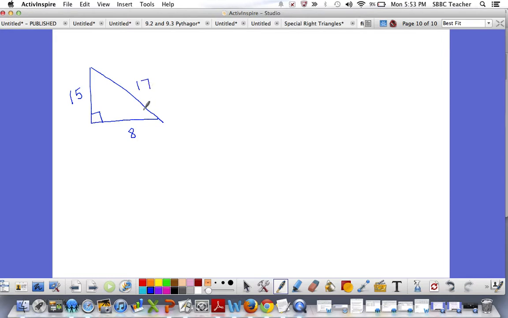And we're looking at this angle, x. The sine of x would be equal to, of course, remember, SOHCAHTOA.